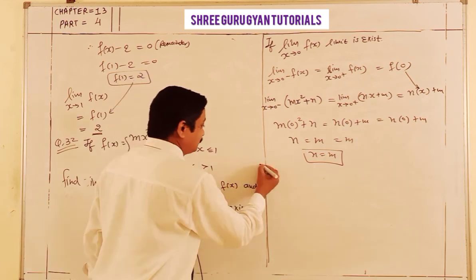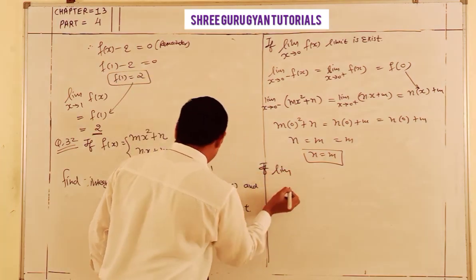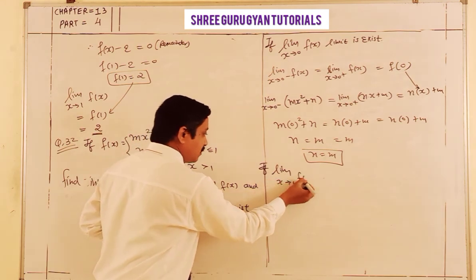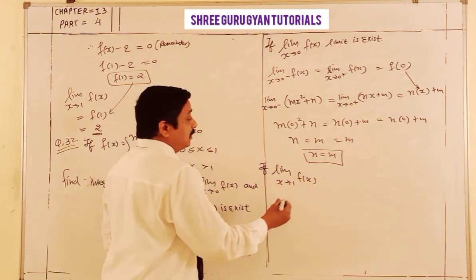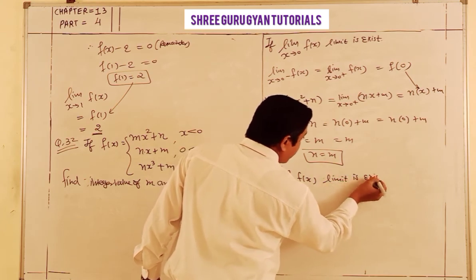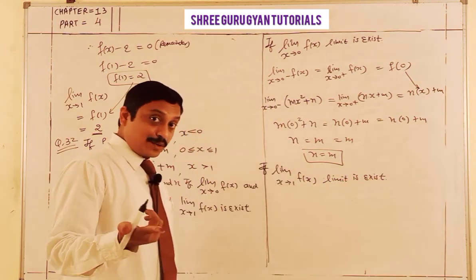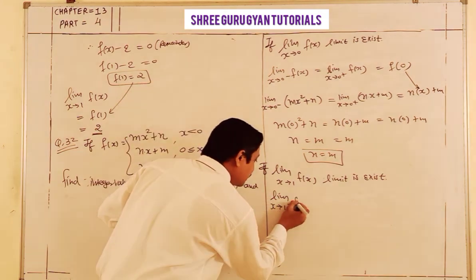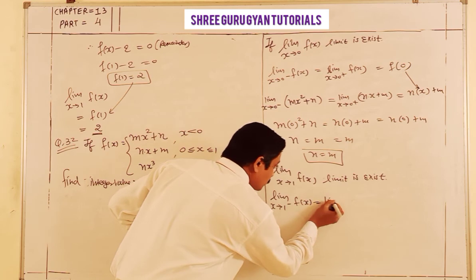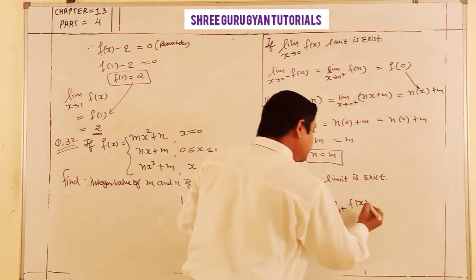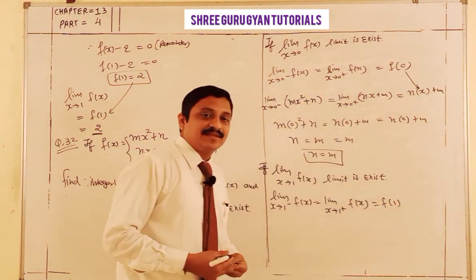And second case, the limit as x tends to 1 of f(x) exists. Here also the same case: the limit as x tends to 1 from the left of f(x) is equal to the limit from the right, and is equal to f(1).